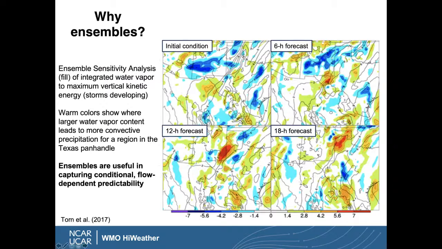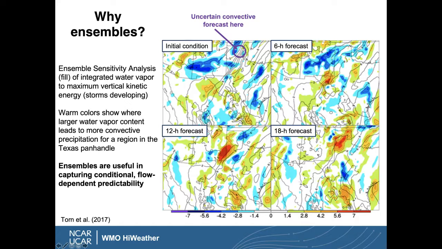And so I'd also like to make a pitch here for the value of why we want ensemble simulations for these types of prediction problems. So this is a somewhat messy plot, but try to work with me here. So in this case, we have ensemble sensitivity analyses shown in the color fills, and the feature to watch for will be these little red blobs.